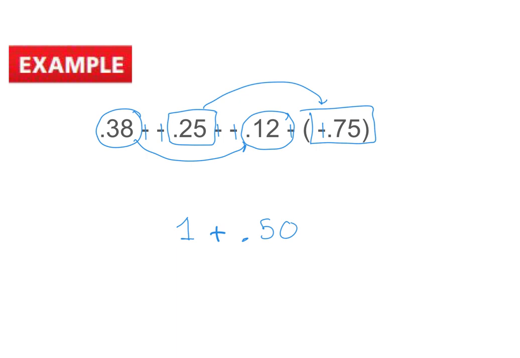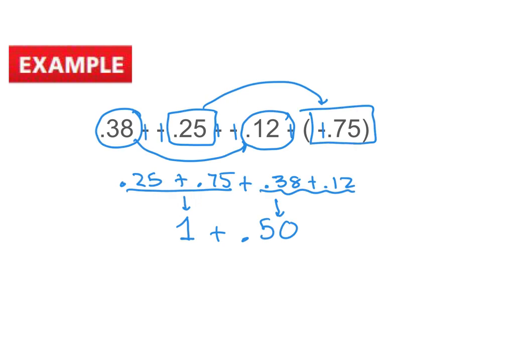So I could rewrite this as 0.25 plus 0.75, and that is equal to 1. Then I could add 0.38 plus 0.12 because that is equal to 0.5. 1 plus 0.5 is 1.5.